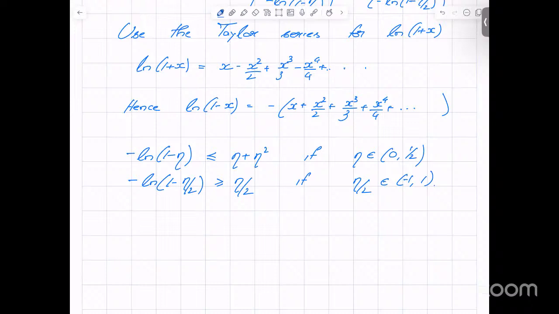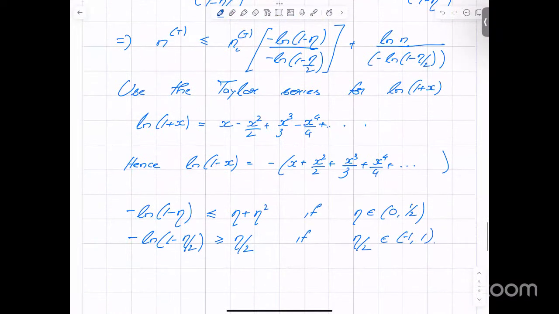The expansion is eta plus eta square by 2 plus eta cube by 3, and it keeps on going. I'm assuming that eta square by 2 is larger than the remaining terms. And the other one, minus ln 1 minus eta by 2, is greater than or equal to just eta by 2, which is true if eta by 2 belongs to minus 1 to 1. Instead of eta square by 2, I'm putting an eta square, and that's upper bounding, because eta is small enough that the other terms will not contribute.